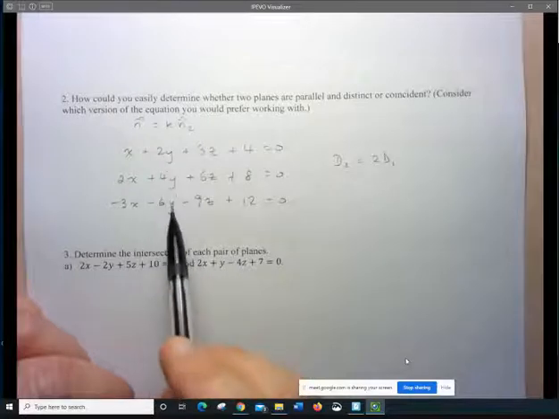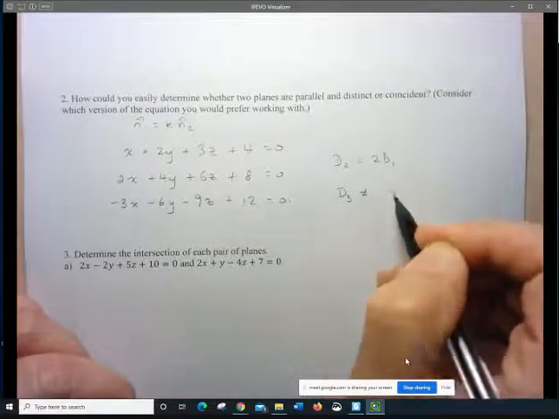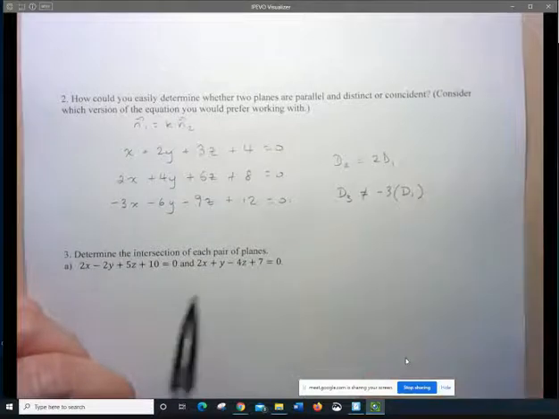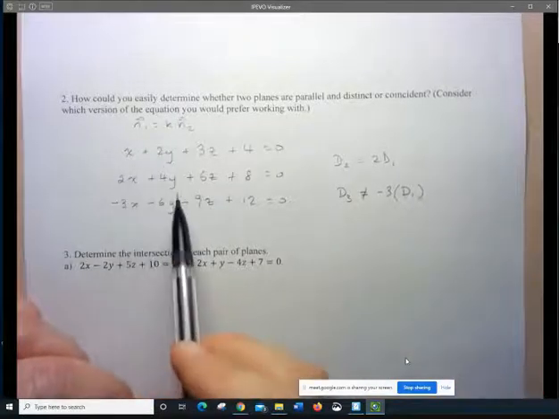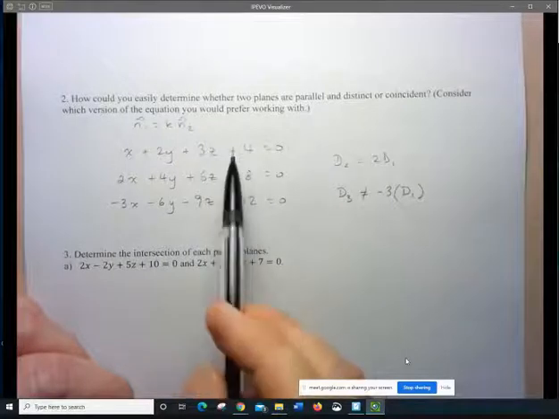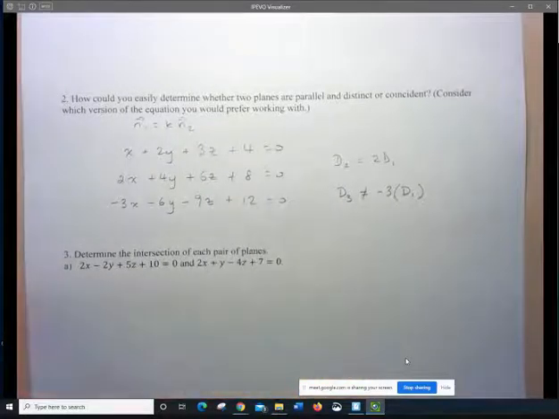So they're definitely parallel, okay? But d3 is not equal to -3 times d1. Because here, the scalar multiple between the normal vectors is -3, but that's not the case for the d values. So this one here is going to be parallel and distinct.